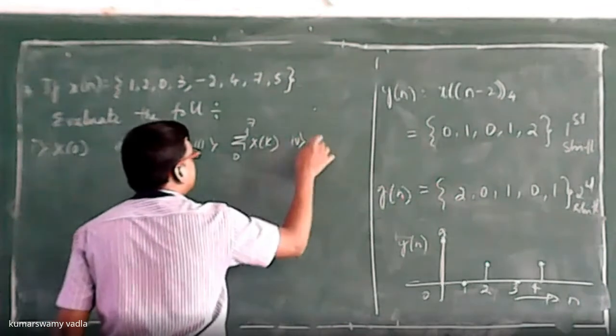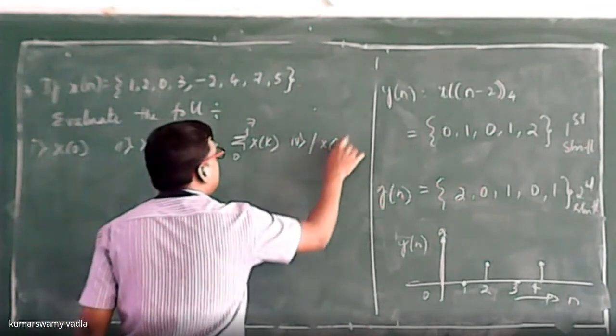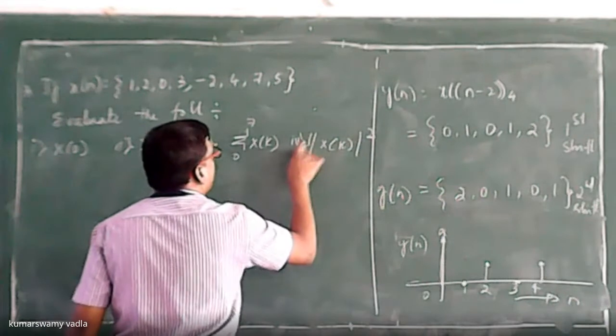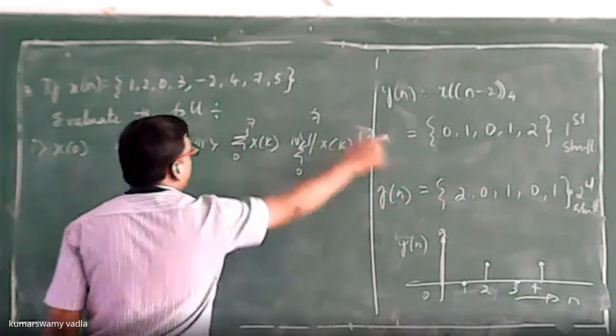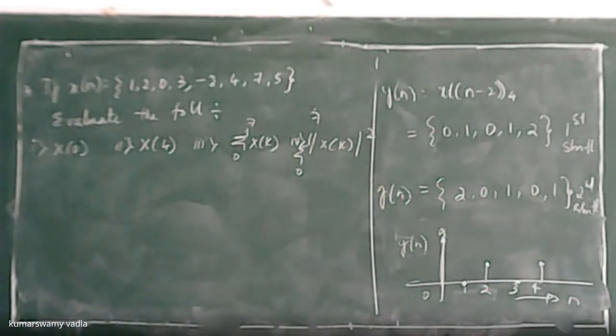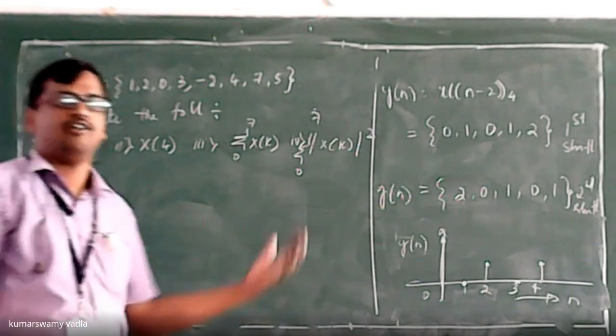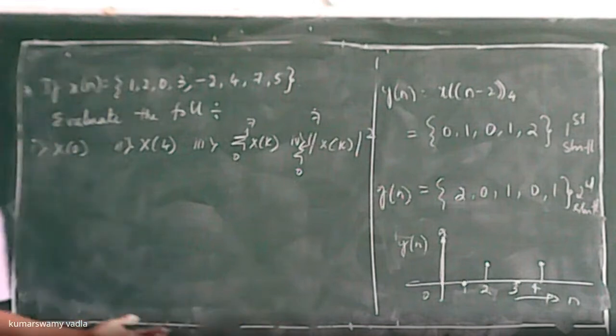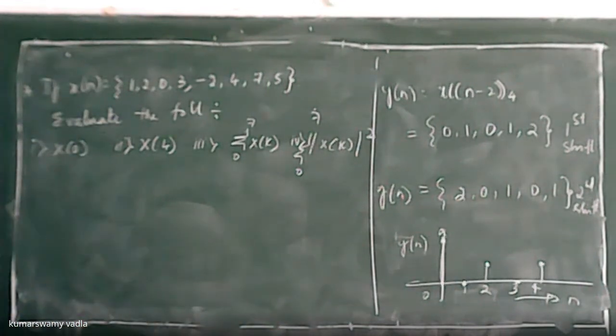Fourth one, the summation from 0 to 7 of mod of capital X of k squared. Please note down this question. We'll solve one after the other. Once you have noted it down, please let me know, and I'll start solving. Can I proceed, students?